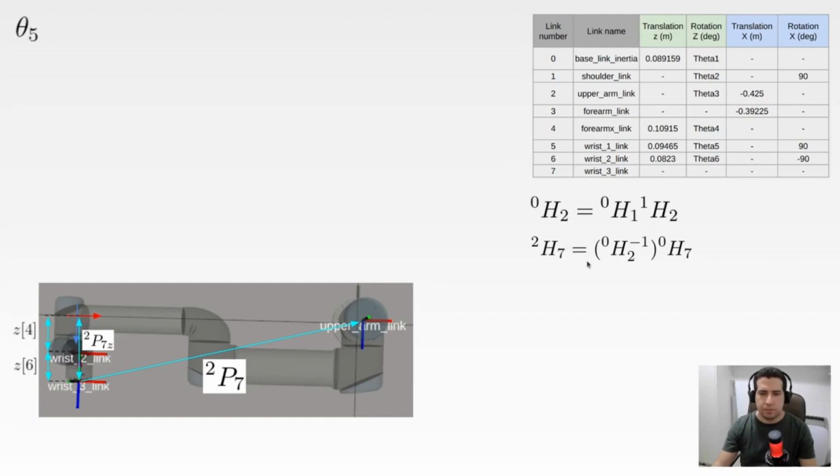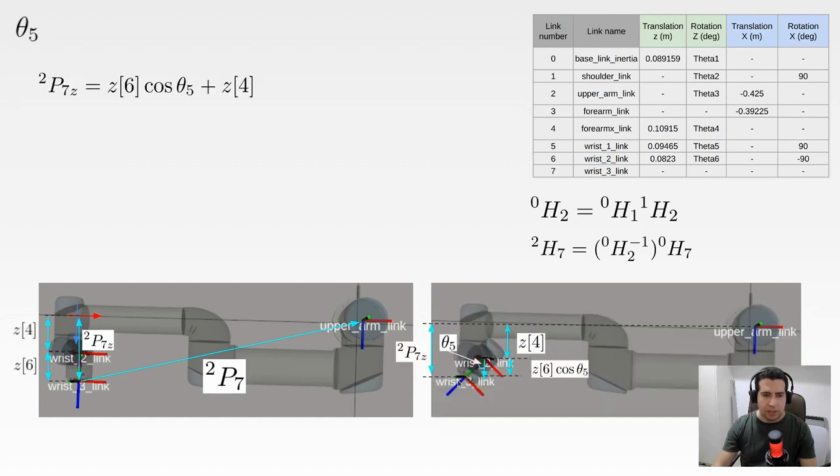So in order to find the transformation between frame 7 and 2, you invert this matrix and then you multiply it by the desired transformation, position and orientation, and then you have the position and orientation of this frame with respect to this one.